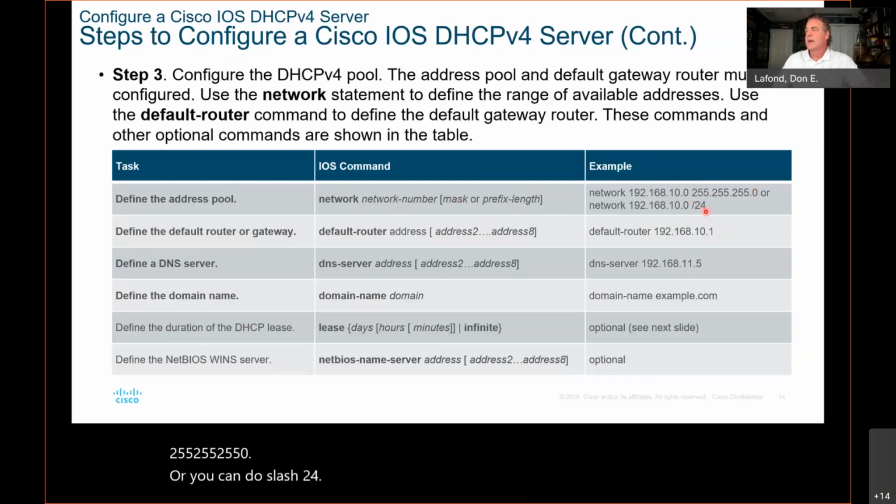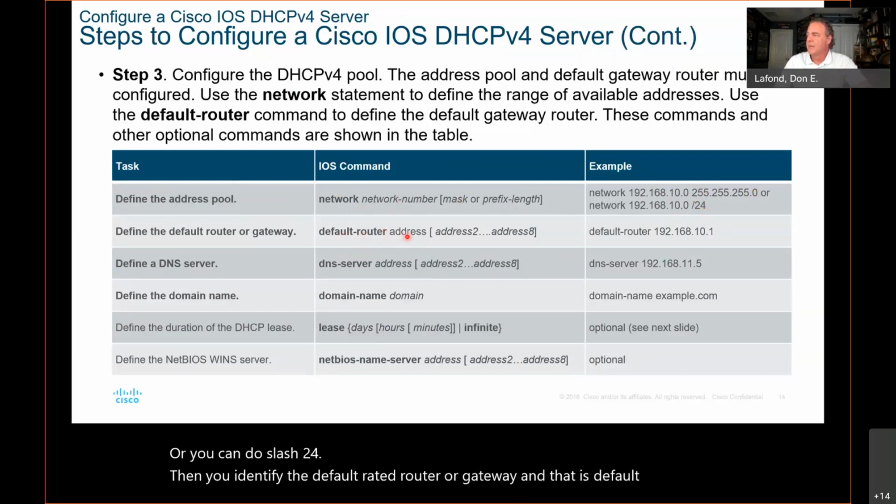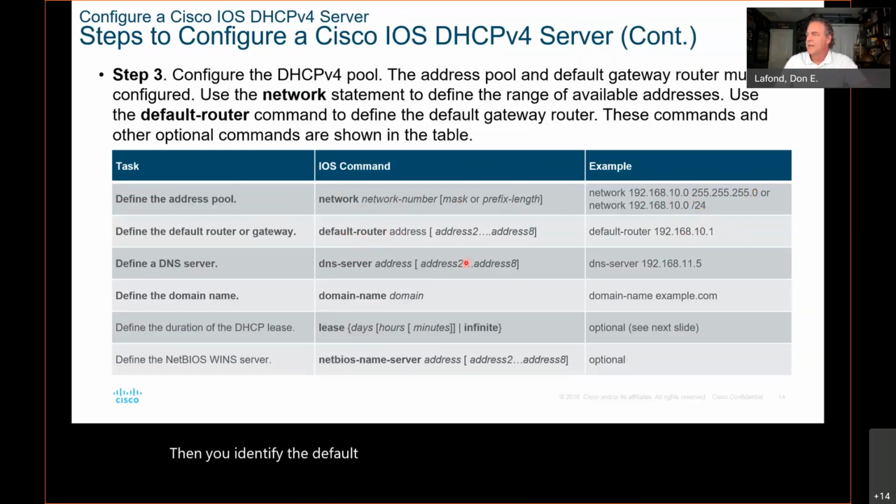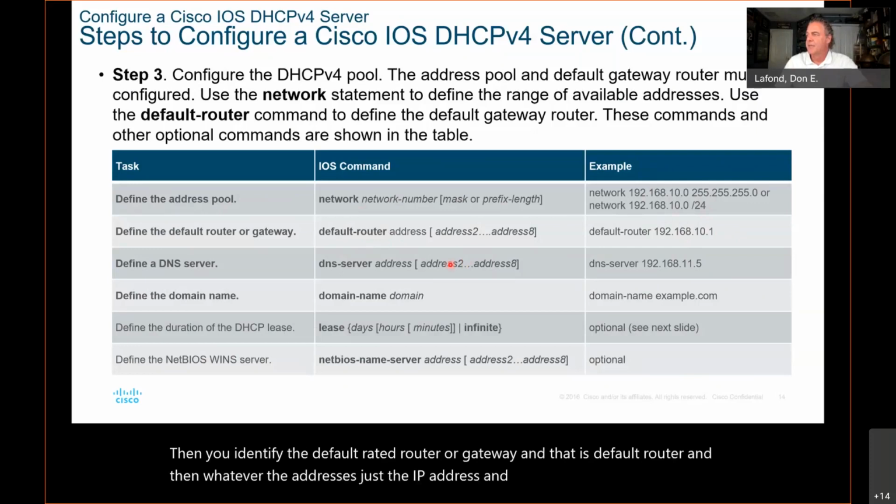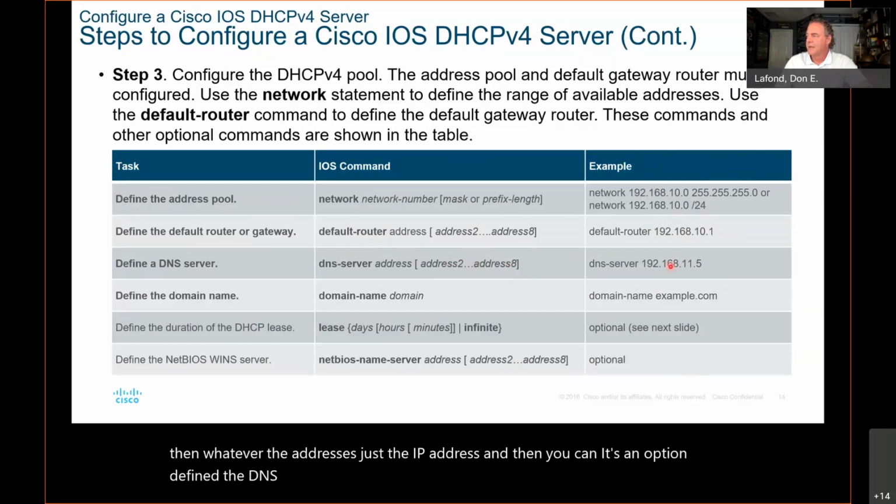Then you identify the default router or gateway, and that is default-router, and then just the IP address. And then, as an option, you can define the DNS server, and here it is. You give it an IP address.